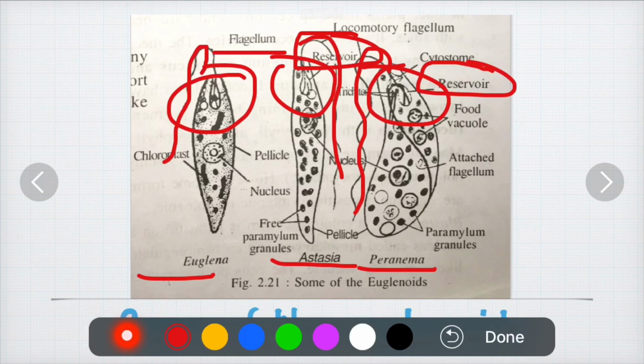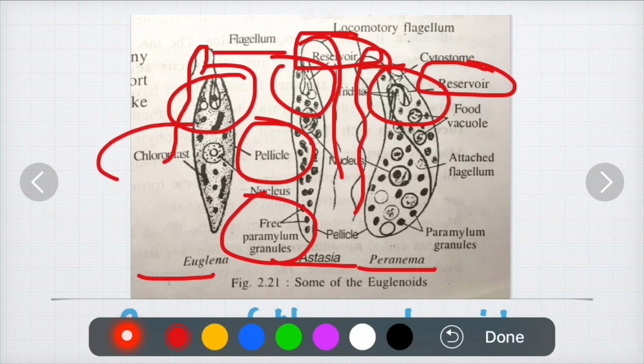Also, the Euglenophyta don't have a cell wall. Instead, they have a flexible membrane around them that is called a pellicle. Instead of a cell membrane, the flexible membrane, that is the pellicle, is present. They have paramylum granules, which are helpful for the storage of polysaccharides, and they have a chloroplast, which consists of chlorophyll pigment, which is responsible for the process of photosynthesis.